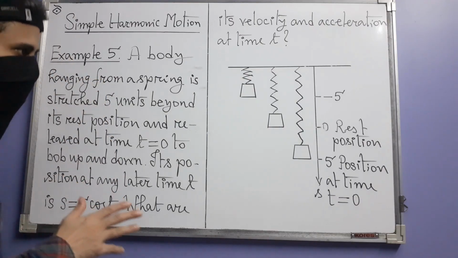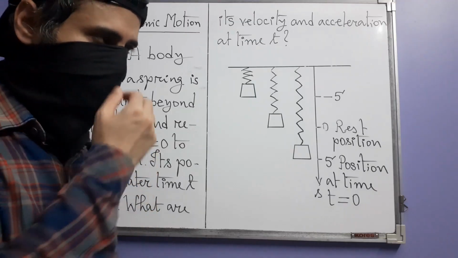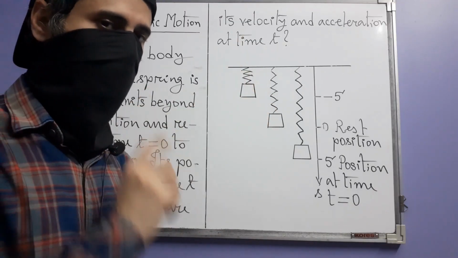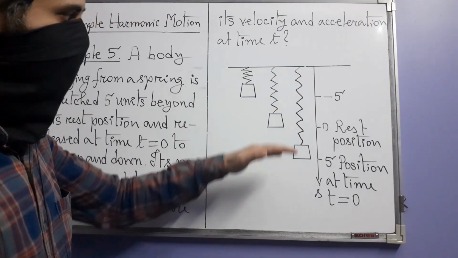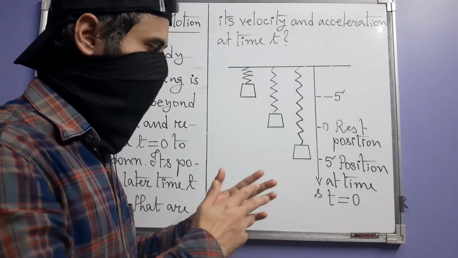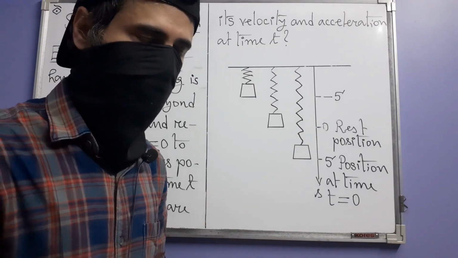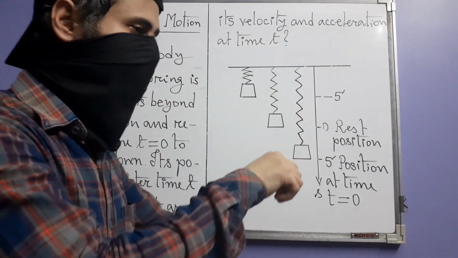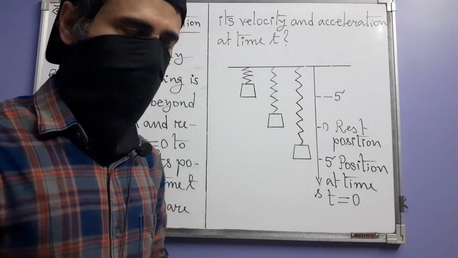Now in this figure, the first thing you notice is, of course, you have the system consisting of the body and the spring, but you need one more thing. In order to measure the position of the body at any time, you are going to need a position axis. So this is that position axis s, on which numbers increase downward.